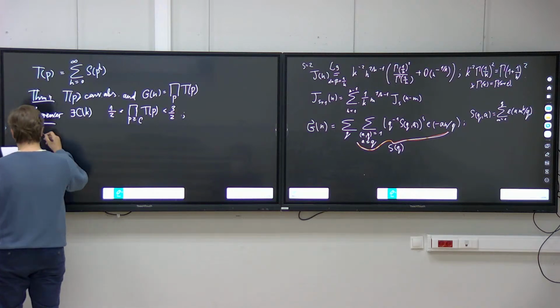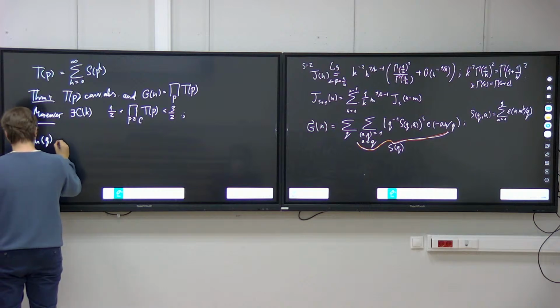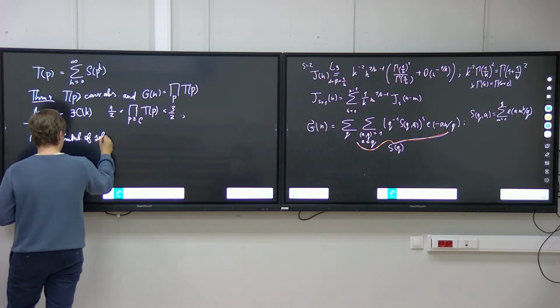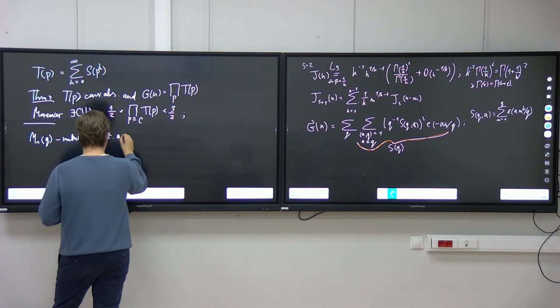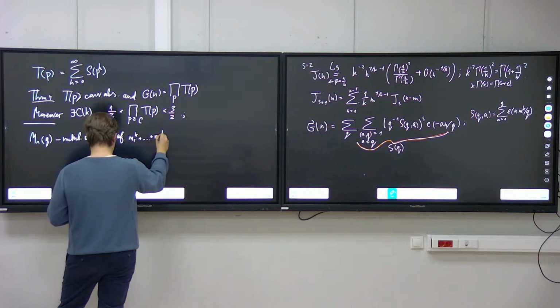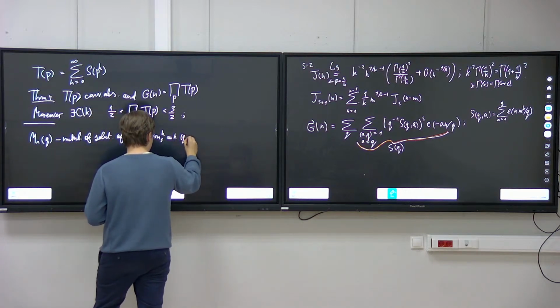Let us denote M_n of Q, the number of solutions of x_1 to the power k plus ... plus x_s to the power k equal to n, with solutions modulo Q.